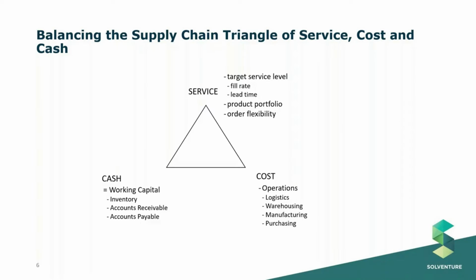If you think about service, you need to take a broad perspective. Service is much more than the on-time and full delivery performance. It's also about how narrow or broad the product portfolio is, and how flexible I am in last-minute changes in orders or in order quantities.